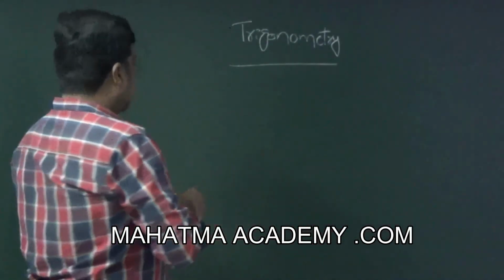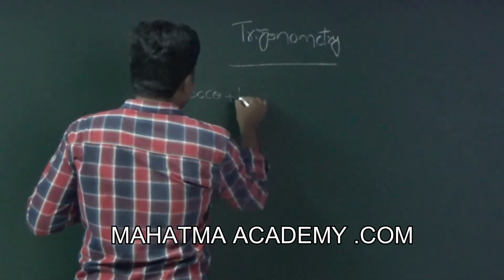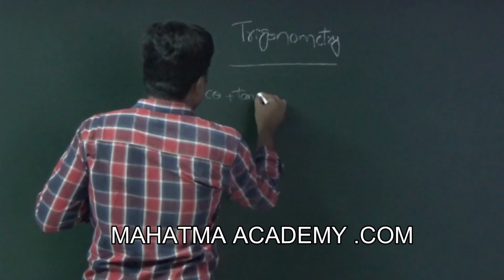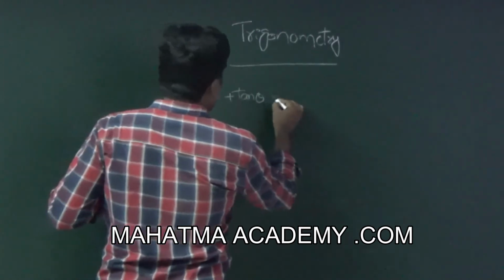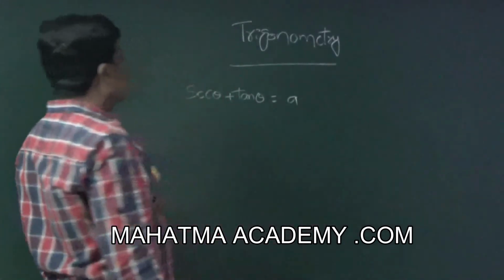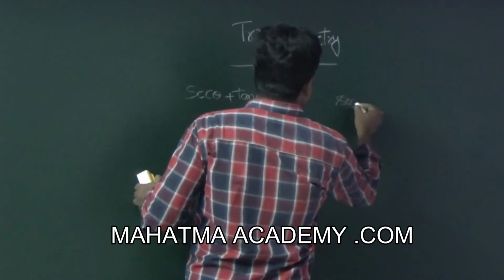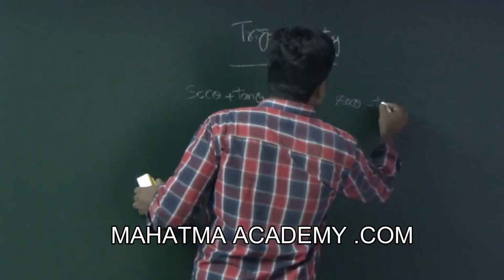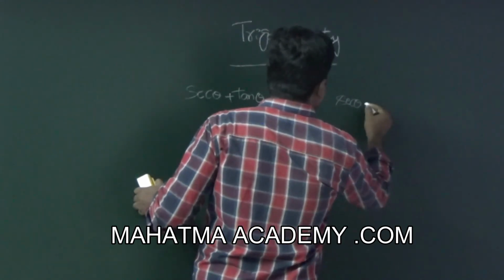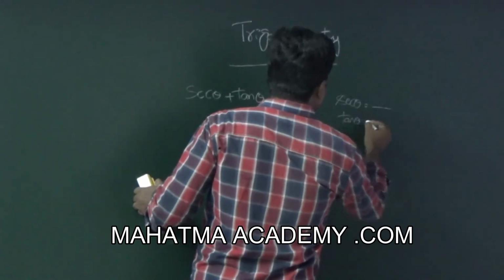In a right angle triangle, secant theta plus tan theta equals a. What is the value of secant theta? What is the value of tan theta?